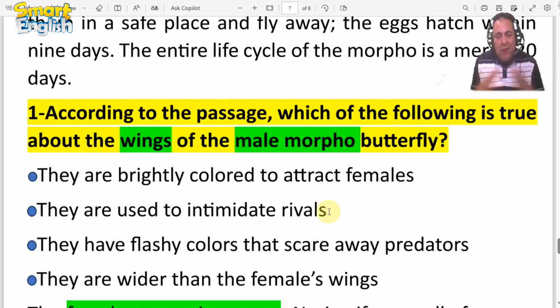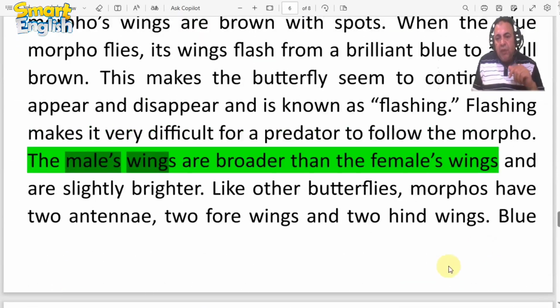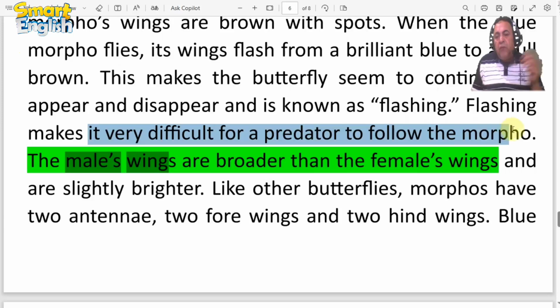We didn't find the right one until now. Number 3, they have flashy colors that scare away predators. This is the same meaning. If you focus on this third choice, you will find some of the words mentioned in the passage, like flashy, which we have read before, scare maybe, and predators, but he didn't mention this. He only mentioned, let's move on, that it is difficult for a predator to follow.